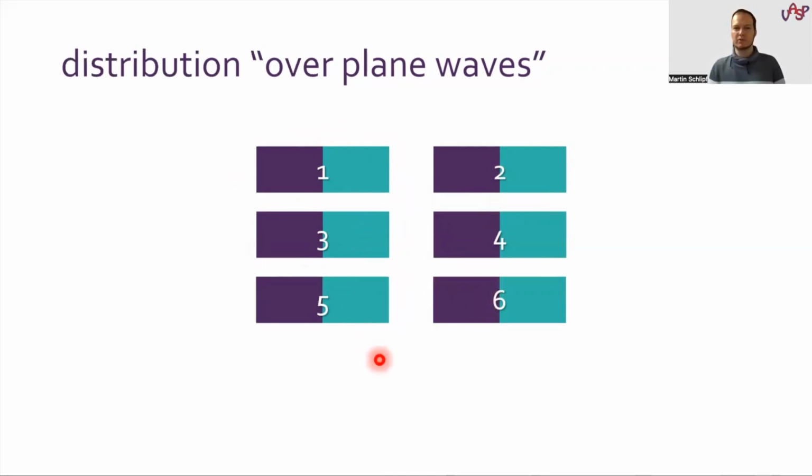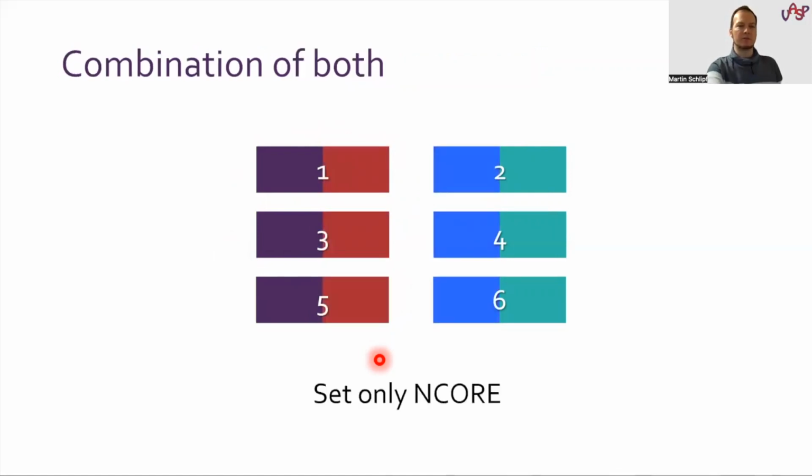But you can also combine those two methods. You can parallelize over both the band index as well as the grid. For example, you could now use 4 CPUs, and you only need to set NCORE. If you set NCORE to 2, it will automatically use the remaining factor to parallelize over bands. So with 4 CPUs and NCORE set to 2, you will get this kind of setup.